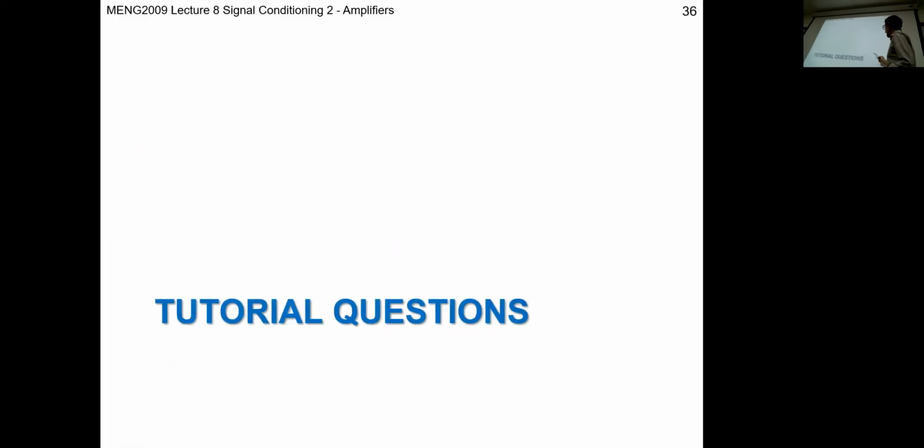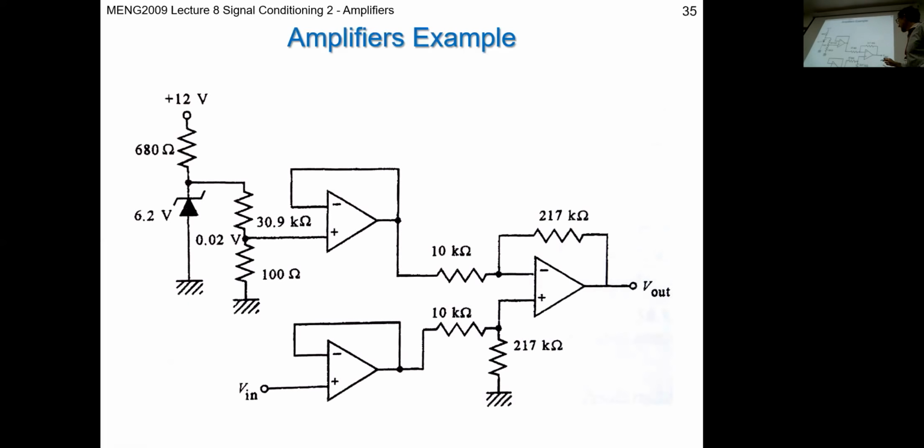At this end, this is where we get our amplification, because we've got our 217 kilo ohms divided by 10 kilo ohms, that's our RF over our input. Down below here, we get our input voltage.